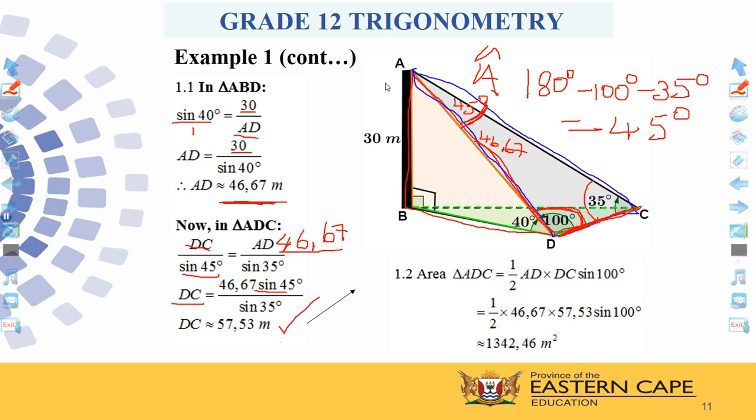So I'm going to say now it is half of this side multiplied by this side, so it is half AD multiplied by DC, and then sine 100, which is the included angle.